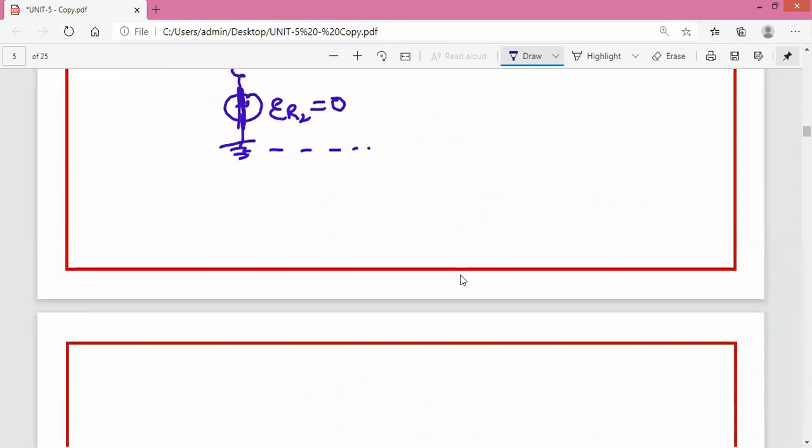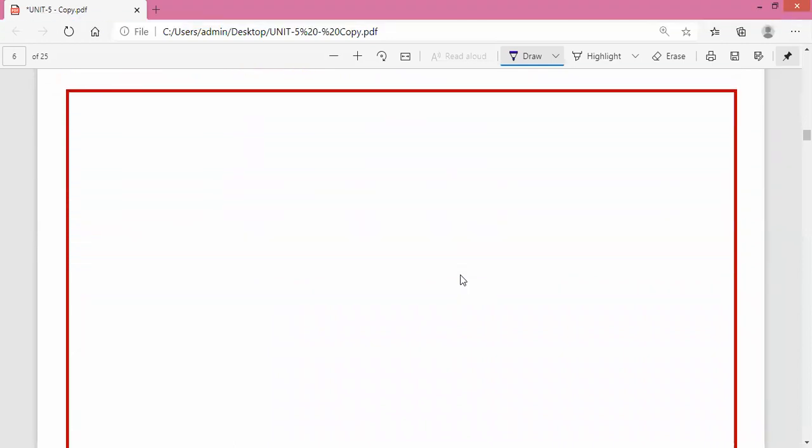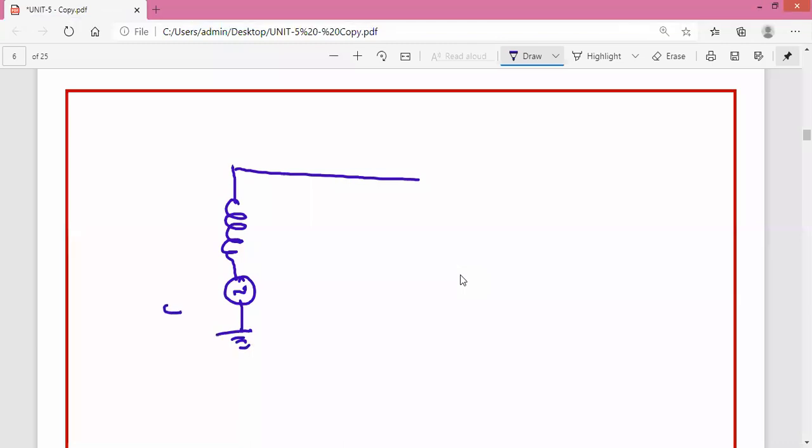So what are the conclusions from this? I will write it in a single diagram. This is the reactance, this is the generator voltage, this is ER1, this is X1, this is I1, this is VR1. I'm writing the negative sequence in another color for understanding.